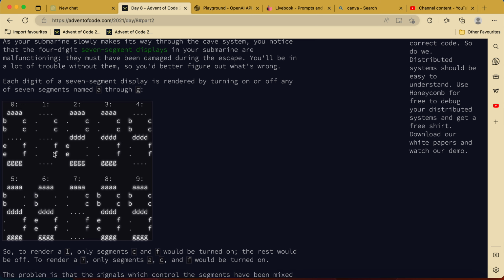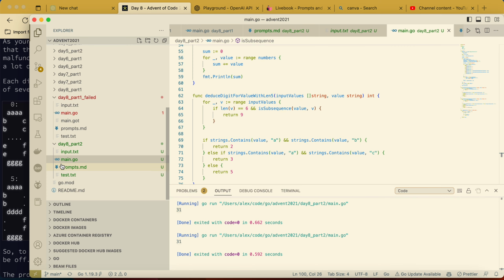To be 3, it should definitely contain the 1. This one couldn't contain the 1s, and this one couldn't contain the 1s.